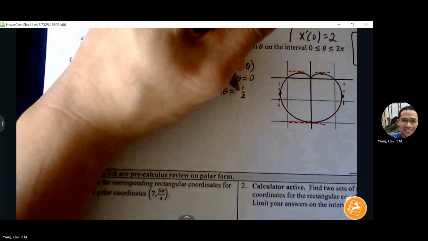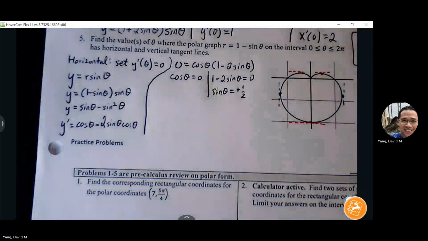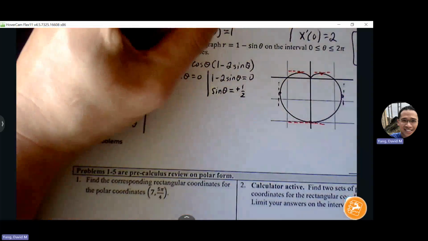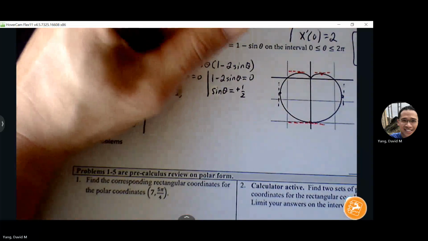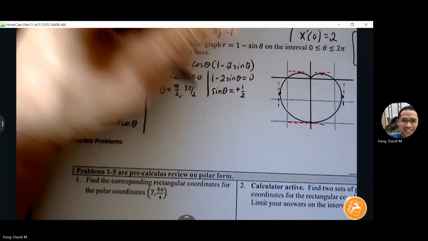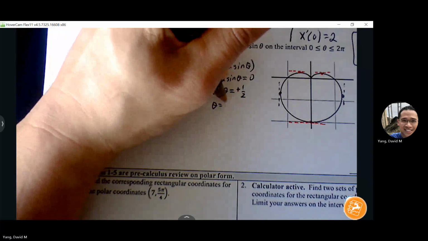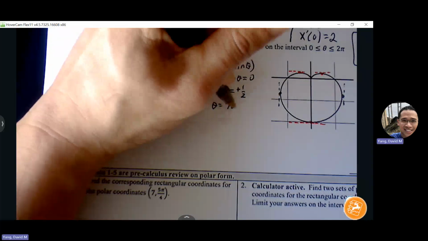Positive 1/2. Negative 2 sine theta equals -1. Divide both sides by -2. I get 1/2. So where's cosine equal to 0? Where's sine of theta equal to 1/2? First, second quadrant, yeah. That pi over 6 family.